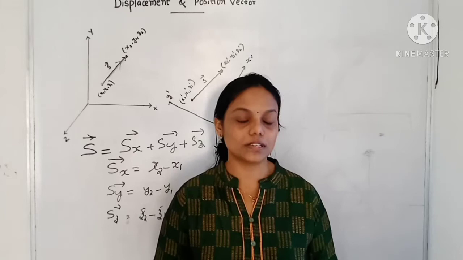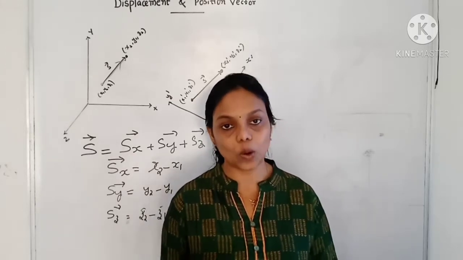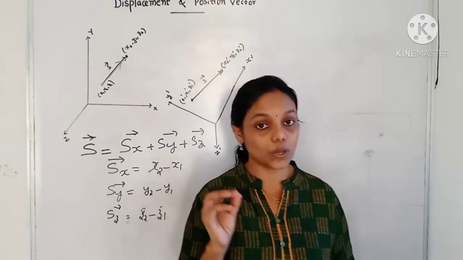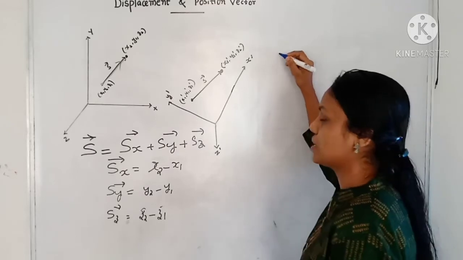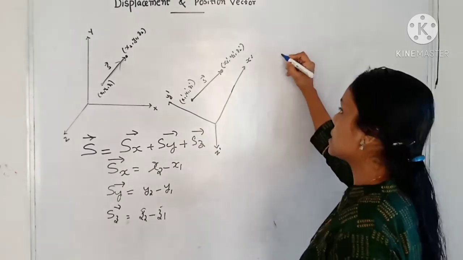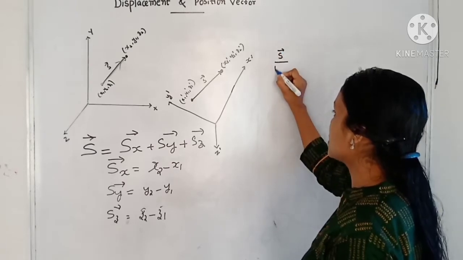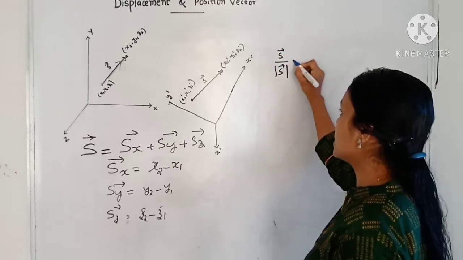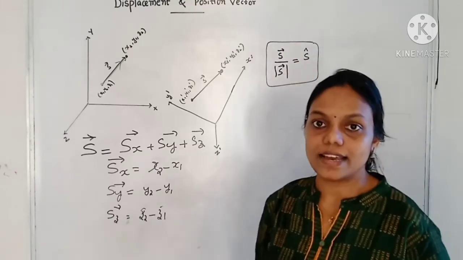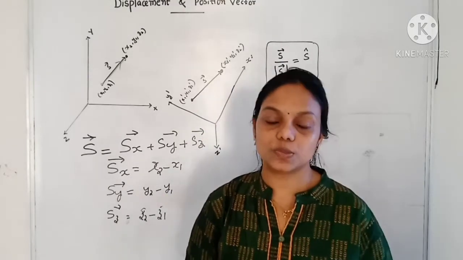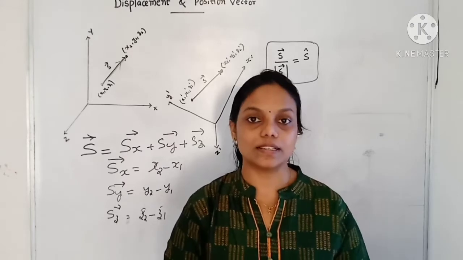It has unit. Conventionally we say the displacement vector has unit, so that the unit vector along the displacement vector is unitless. If S is our vector, then the unit vector along the displacement vector can be written like this: S vector divided by the modulus of S vector, which is the unit vector along S. So the unit vector along the displacement vector is unitless.